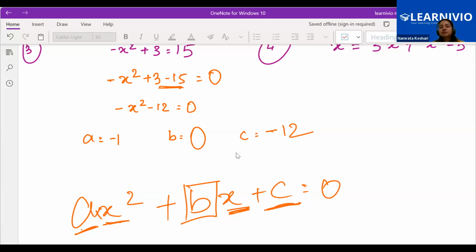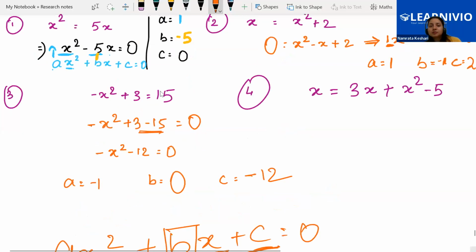Yes. Please tell me what will be the next one. x equals 3x plus x square minus 5. This is how the equation is given. If we try writing it in the standard form, what will be the equation?